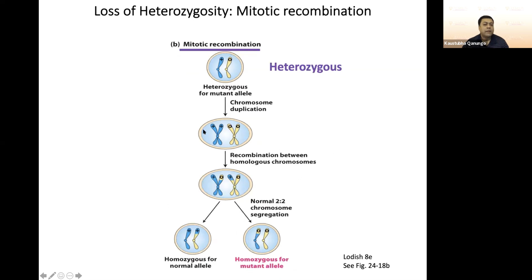And that can happen due to the mitotic recombination as well. Recombination within the homologous chromosomes are common. So remember what we mean by the homologous chromosome. So suppose this is one chromosome and it's going to be one pair. So remember that your chromosome number 1 is 2 in number. Chromosome number 2 is 2 in number.